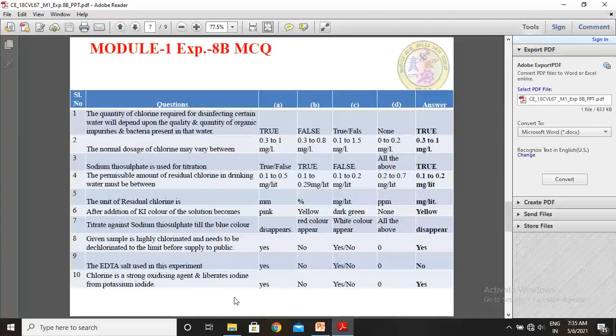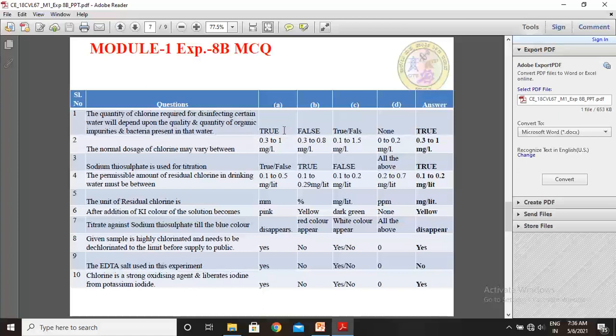So now this table is explained for MCQ, that is multiple choice questions, for experiment 8B. Here 10 questions are prepared with 4 choices. Let us see the first question. The quantity of chlorine required for disinfecting certain water will depend upon the quality and quantity of organic impurities and bacteria present in that water.